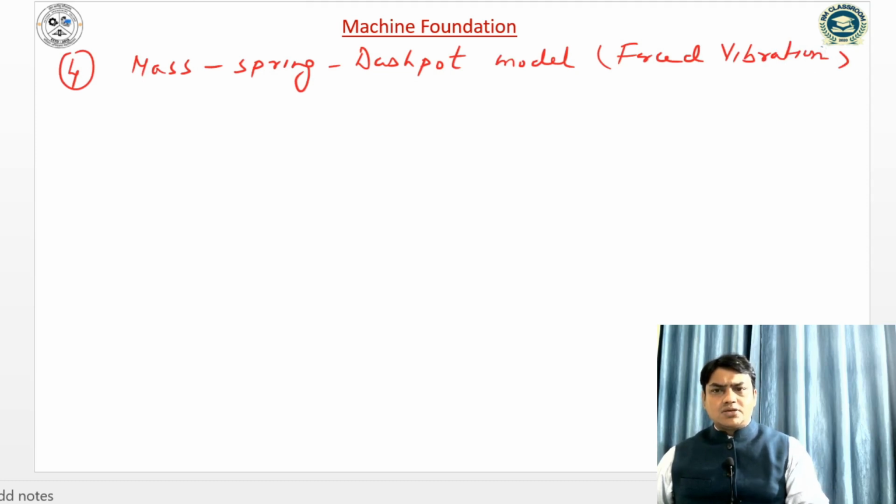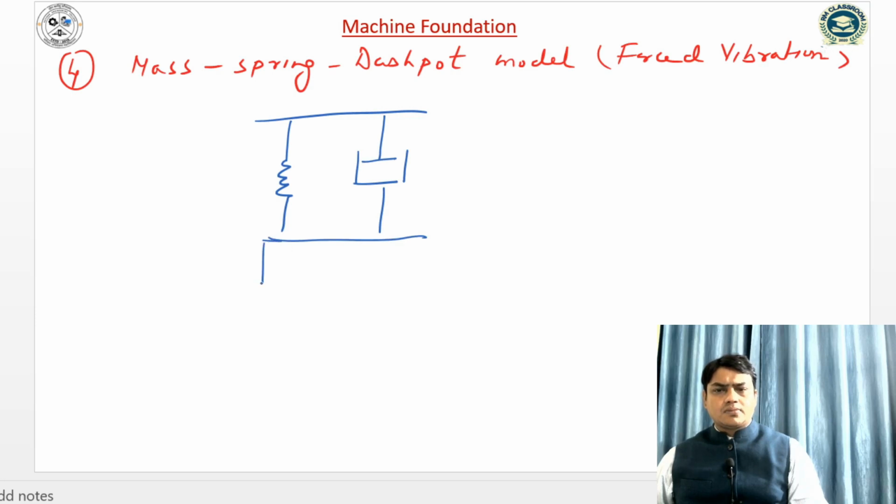So if I make the model, this is the spring, this is the dashpot, this is the mass and external forces applied, that is F naught sine omega t.